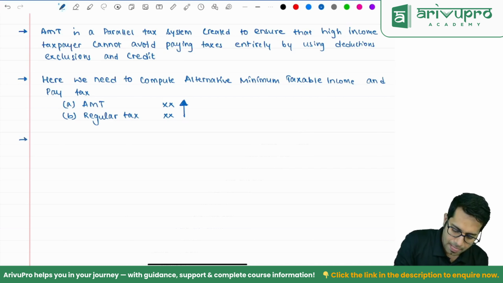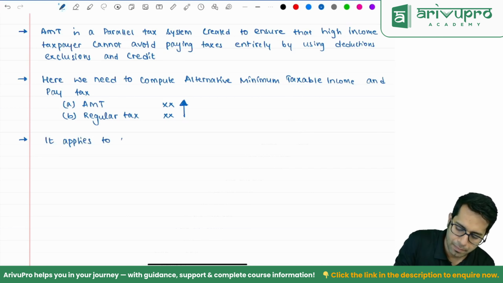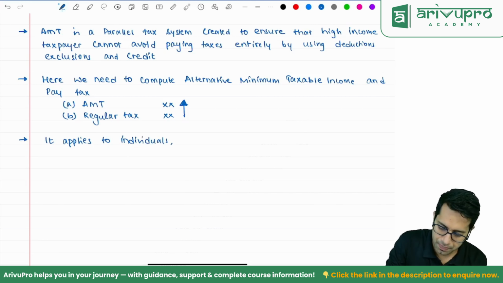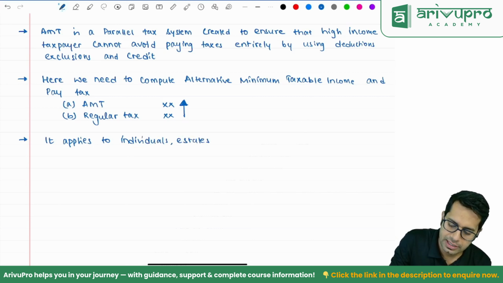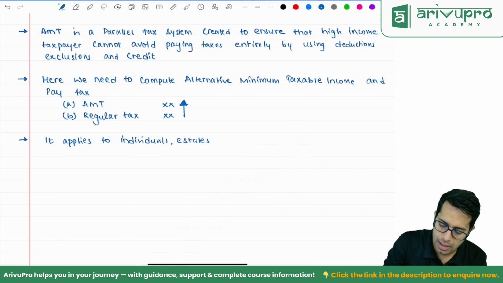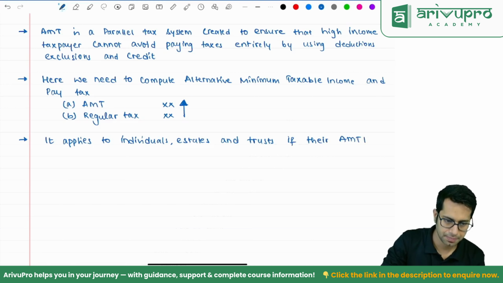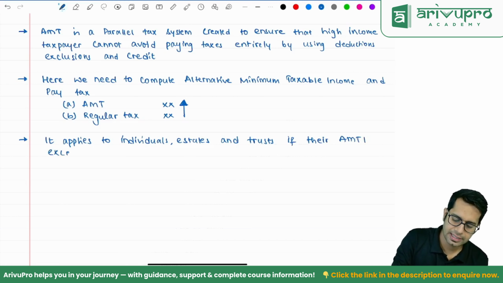When is it applicable? It applies to individuals, estates, and trusts if their alternate minimum taxable income exceeds the exemption limit.